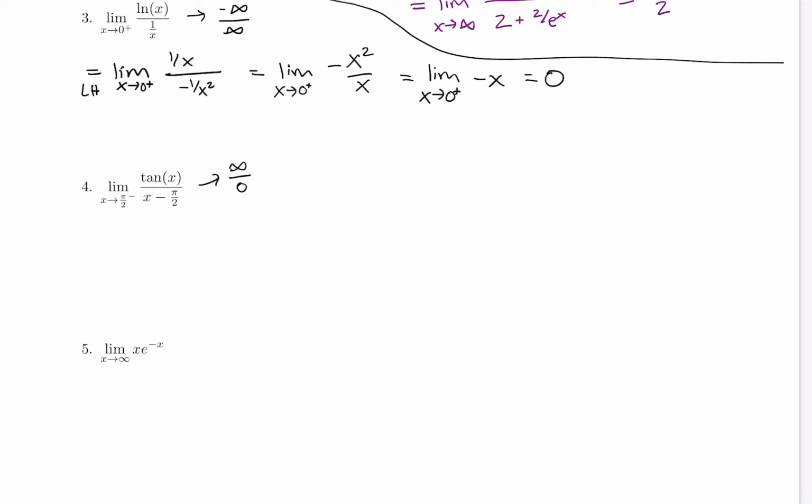So the top, tan x, if we go to pi over 2 from the left, that's approaching infinity from the positive side. And as we approach pi over 2 from the left, in the denominator, we're plugging in things slightly smaller. So that's approaching 0, but from the negative. So I would say overall, this limit is going towards negative infinity, okay? Because we have a positive divided by a negative, and that's going to give us a negative answer.